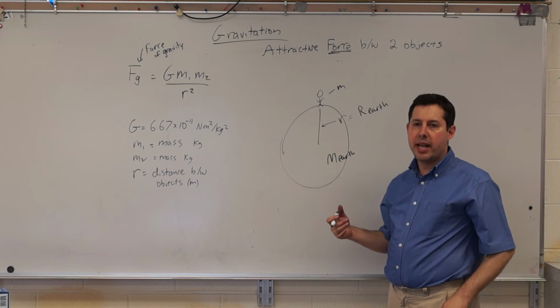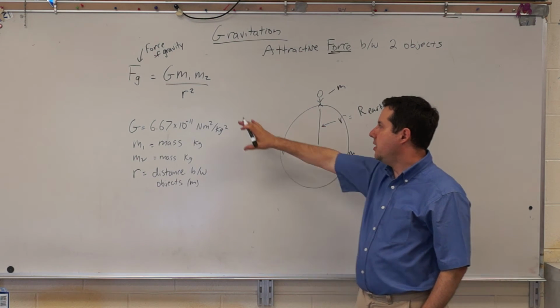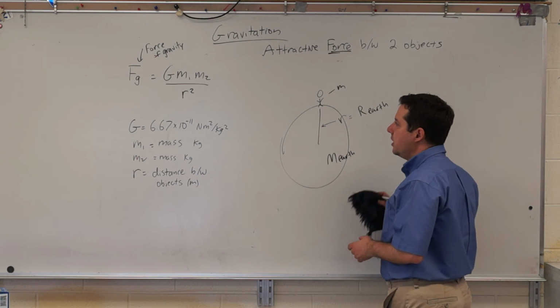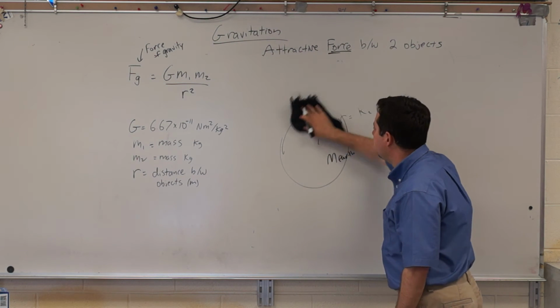That's where we get 9.8 meters per second squared. But this is the more robust equation that we will need to use at times. G m1 m2 over r squared.